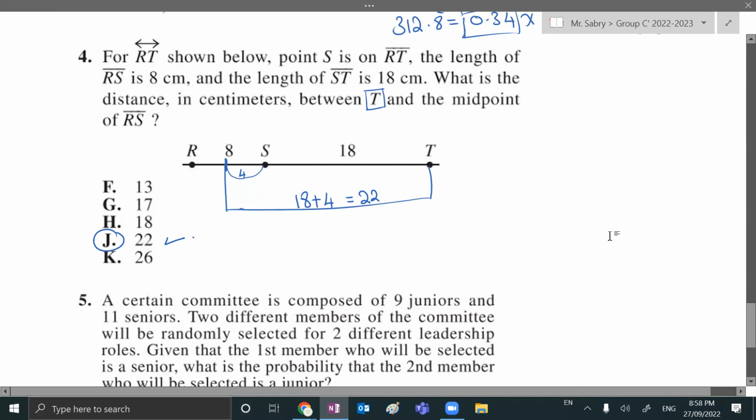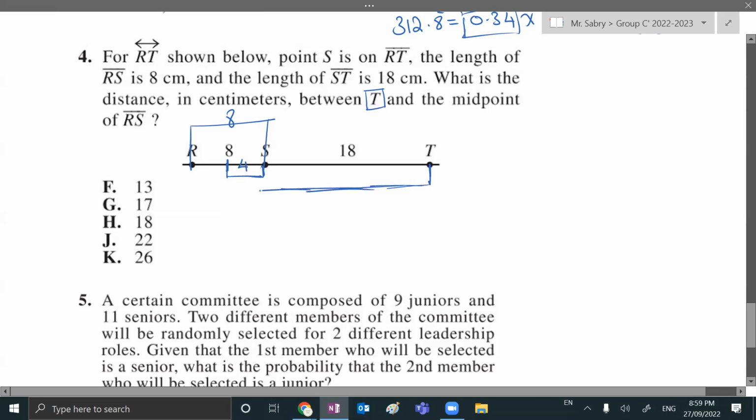Okay. Still don't understand it, right? So what's the midpoint of RS? What does midpoint mean? It's the one in the middle. So if it's somewhere exactly in the middle, and this whole thing from here to here is 8, then half of it would be how much? 4. Okay, so this is now 4. He wants the distance between point T, which is this one here, up to the midpoint of RS.